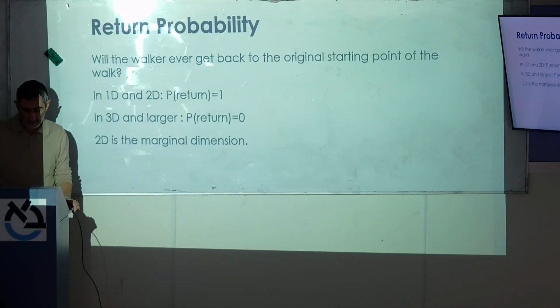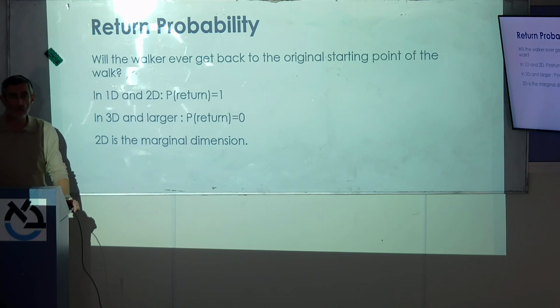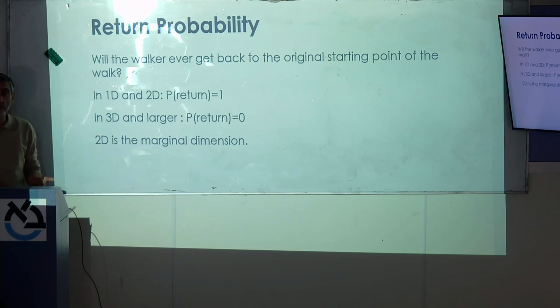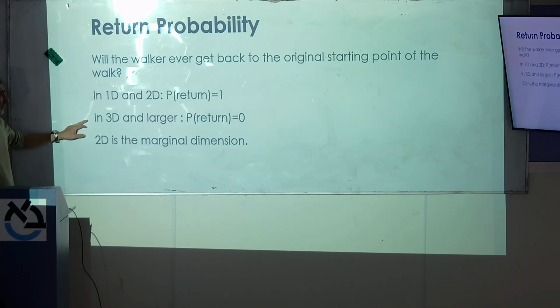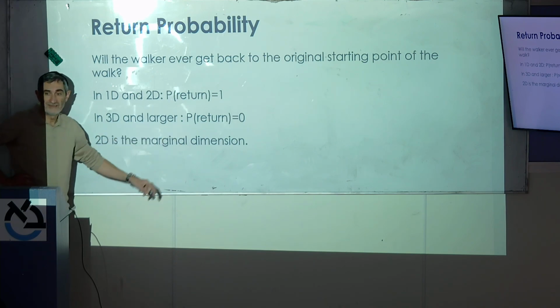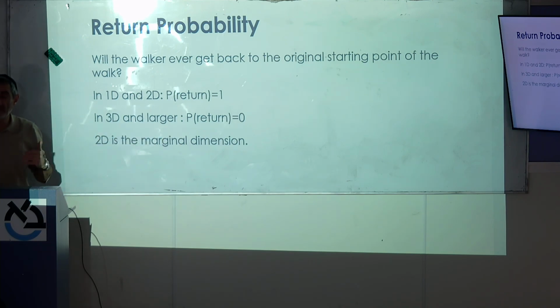There is an interesting property of random walks, which is the question of return probability. What is the probability for the walker to come back to his initial place? Surprisingly, you have different results for 1D, 2D and 3D. In 1D and 2D, the probability of return is 1, and in 3D, the probability of return is less than 1, so there is a chance that a 3D walker never comes back.